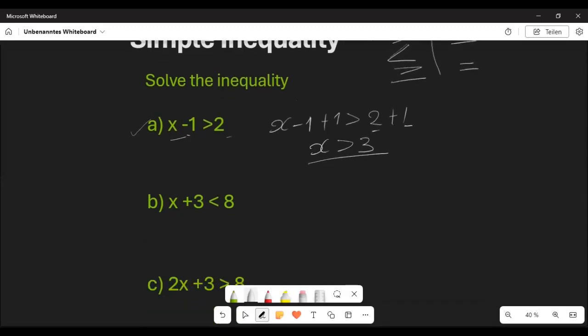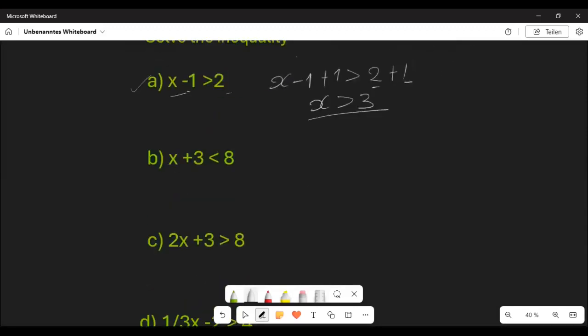Now let's look at another one. Here we have x plus 3 is less than 8. Again, we have plus 3. If plus 3 crosses to the right side, it will be minus 3. So we subtract 3 from both sides. To rewrite this equation, we say x plus 3 minus 3 is smaller than 8 minus 3.